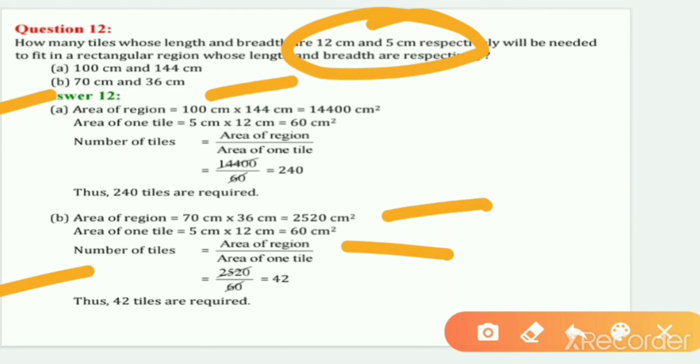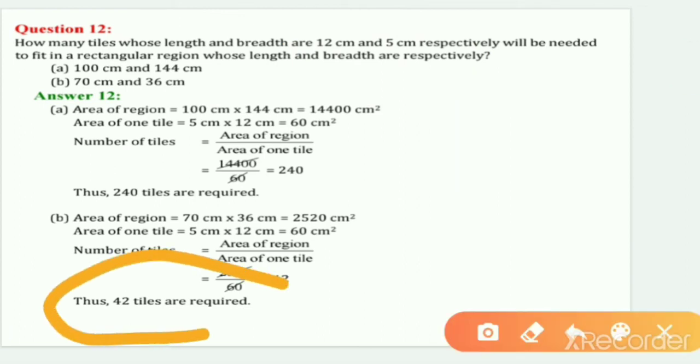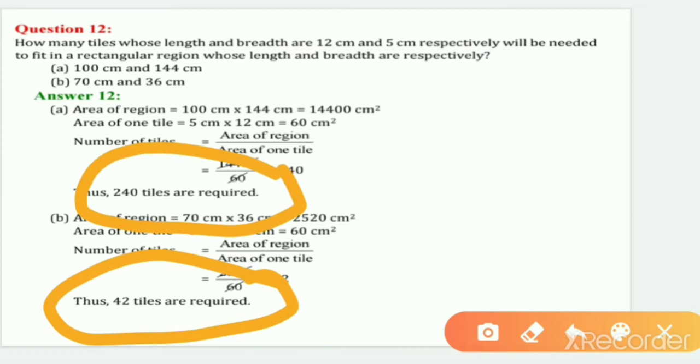The 0s cancel out, and divide 252 by 6. So 6 4s are 24, 1 will come there as a remainder, and 2 we will take down. So 6 2s are 12. So 42 tiles are required for this, and 240 tiles are required for the earlier area.